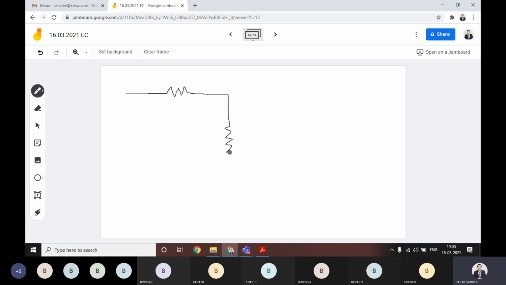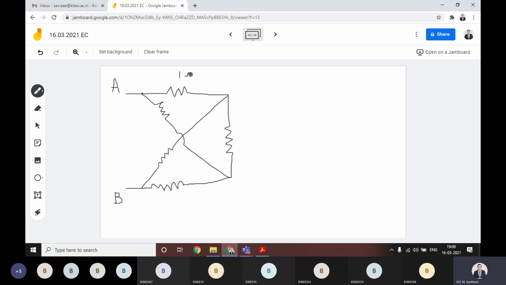This is the circuit I am giving you. You find R equivalent. This is A and this one is B. I have another resistor here connected to this, and you have another resistor here connected to this.